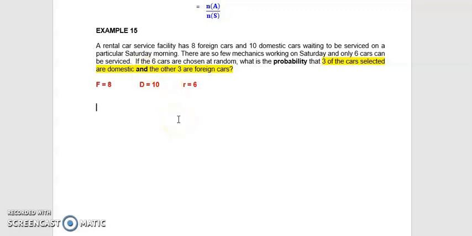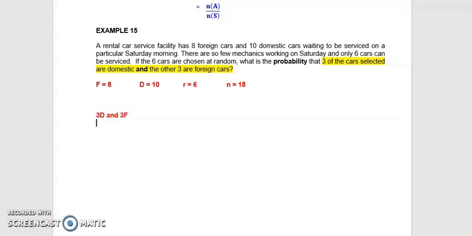So here the total n is 8 plus 10, which is 18. We want 3 domestic and 3 foreign.